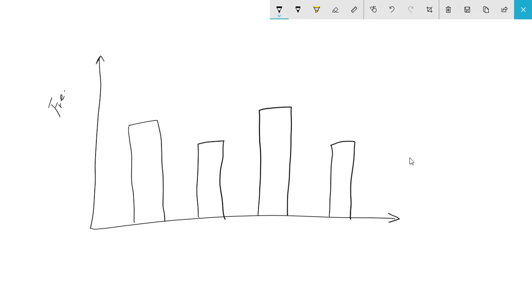As before, we have frequency on the y-axis, and the example I'll be using is blood groups, which are A, B, AB, and O, each represented by a separate bar. Now, contrast this with the curve that one uses to represent continuous variation.